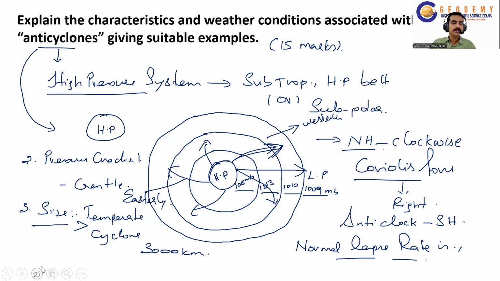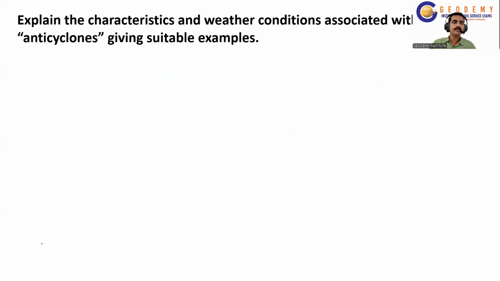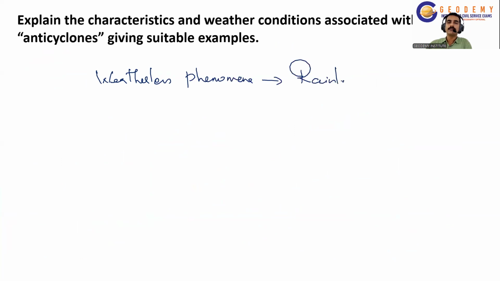So we have explained 5 points. That's enough. Then for the weather conditions associated with it, the anticyclonic condition is generally called a weatherless phenomenon, because of the rainless conditions over the region. It has rainless fair weather.